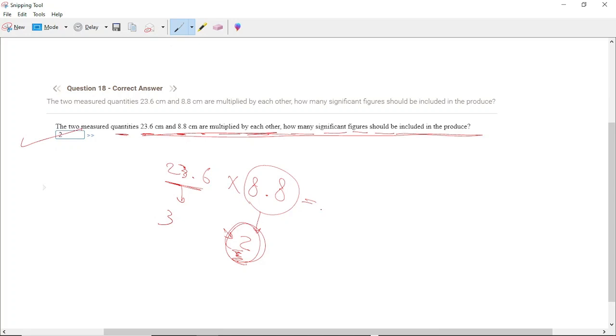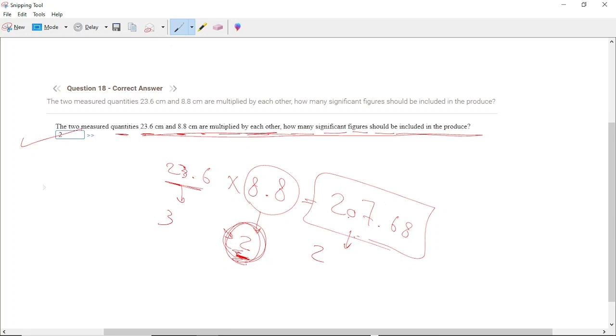So the result of multiplying 23.6 by 8.8 will be 207.68. But because we have the least number, which is 2 significant figures, we have to make this number into 2 significant figures, so we can round the number.